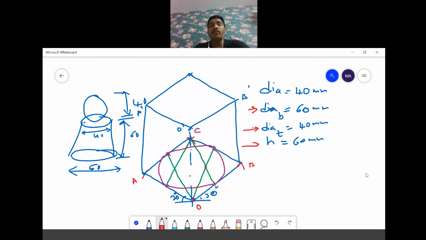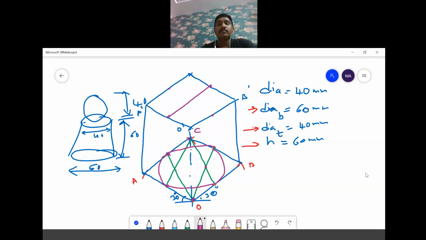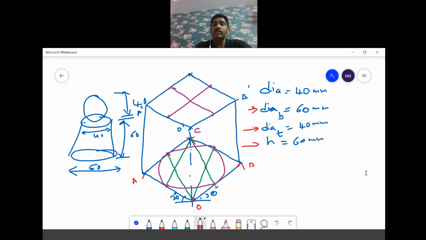To reduce it to 40 mm, what I am doing is marking the midpoints of these sides at 30 mm, 30 mm, and 30 mm. And I am joining these two midpoints.